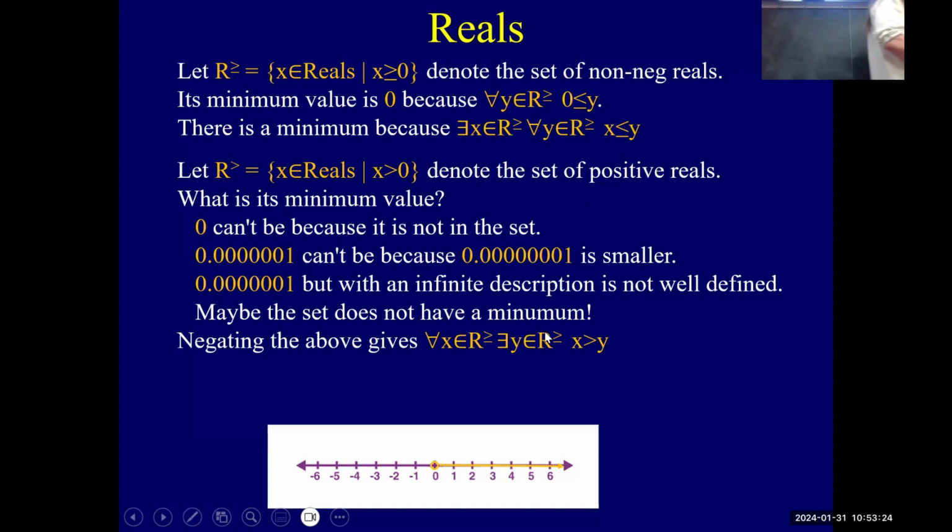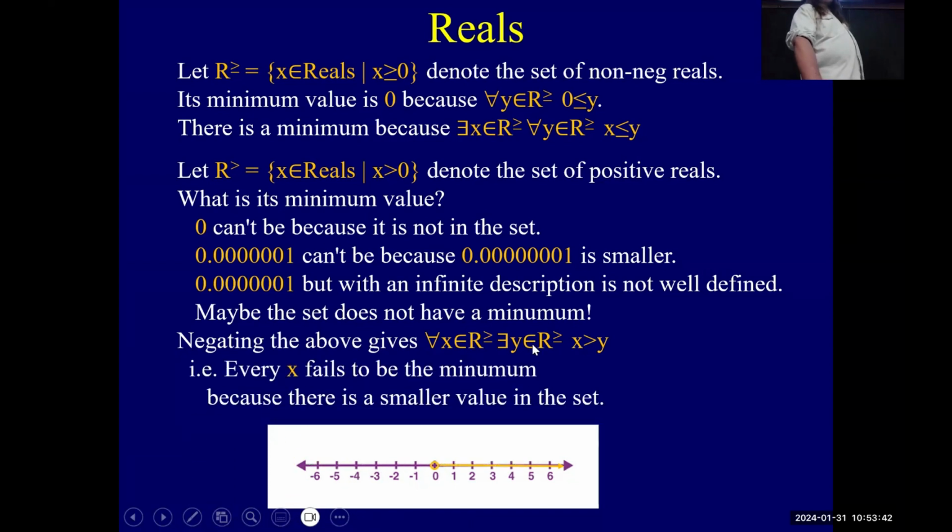And remember, like our dogs, we don't change the fact we're talking about things in our set. And then we say, well, in the end, x is bigger. So what is this saying? It's saying, you give me any number, I can give you another number that's in the set that's smaller. So every x fails to be the minimum because there's smaller values in the set. Does that make sense?